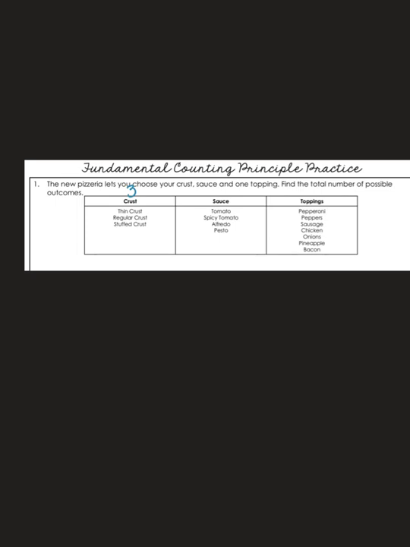What about for the sauce? 4 choices. What about for my toppings? 7. So what that means is I'm going to go ahead and do 3 times 4 times 7 to figure out how many possible outcomes there are. 3 times 4 is 12. 12 times 7 is 84. So there's 84 different combinations.